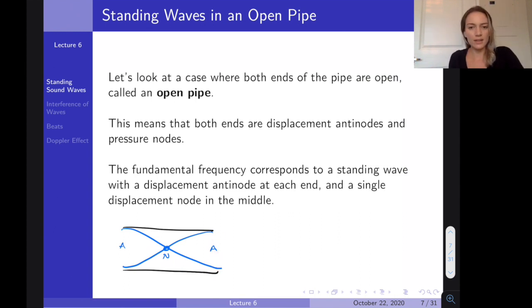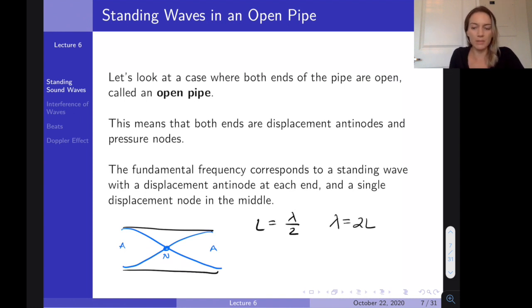So now we can calculate the fundamental frequency of this setup. Because if we have an antinode at both ends, 1/2 wavelength is the shortest wavelength I can fit in this pipe. So the length of my pipe is 1/2 wavelength, which means that my wavelength here is 2 times the length of the pipe.